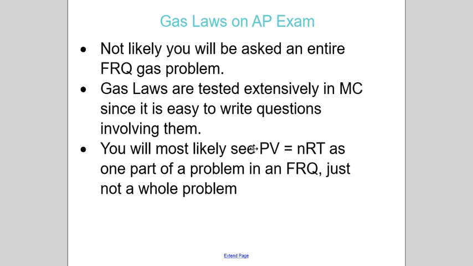There's still a chance, because gas laws are still part of one of the units they said they should be covering, so there's still a chance you'll see something, and ideal gas laws tend to be where you're going to fall. Notice how we didn't calculate that root mean square velocity at all in this entire note set. It's unlikely that that equation is going to be on the AP exam.